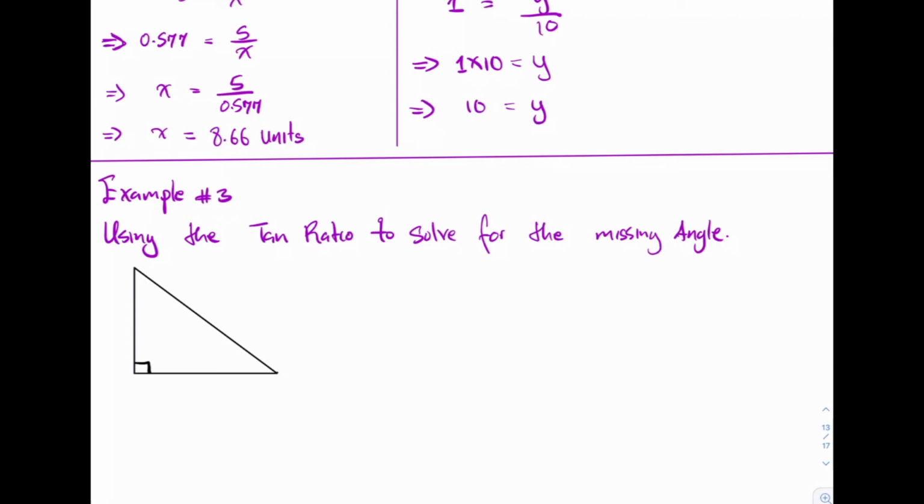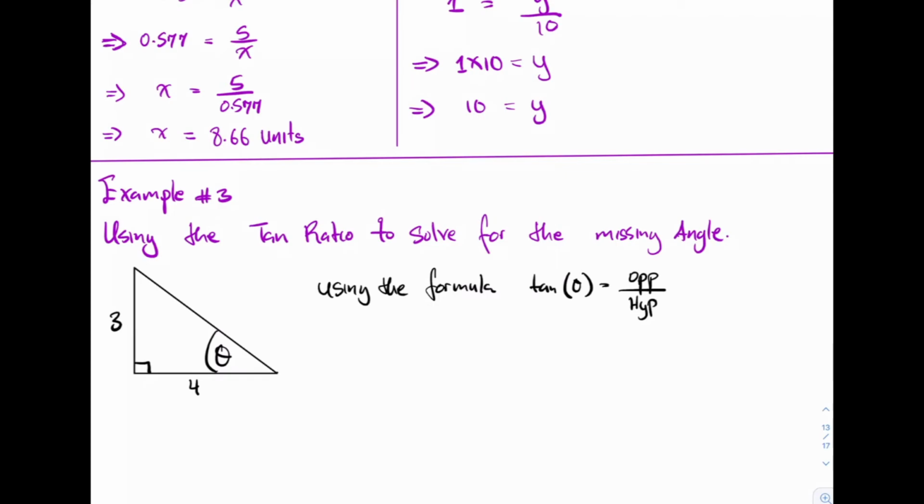And here, I'll give you this side to be 3 and this side to be 4, and the angle is missing this time. So using the formula, tan of theta equals opposite over hypotenuse.